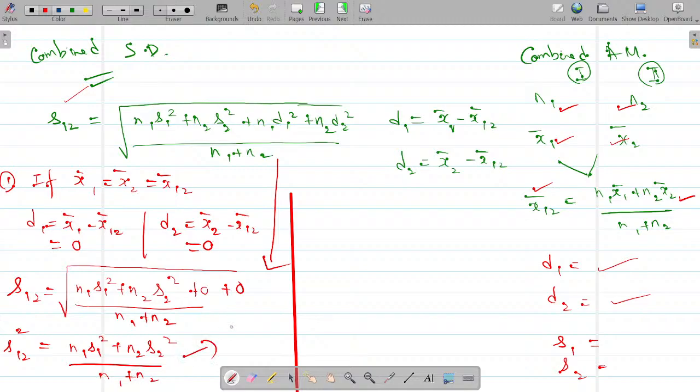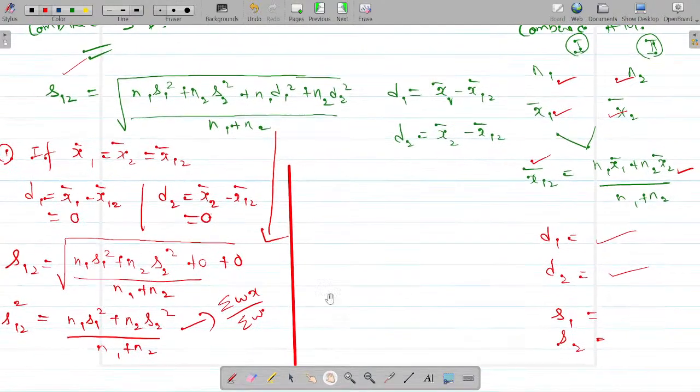This follows the formula called summation Wx by summation W, the weighted arithmetic mean formula. Please have a note over here. This is not there in the material; I have to include that. The variance of two groups, 1 and 2, will be equal to the weighted arithmetic mean.